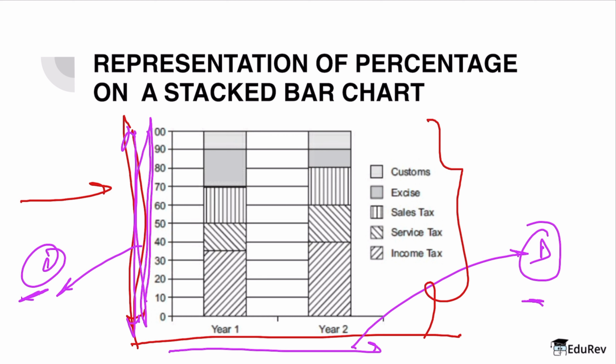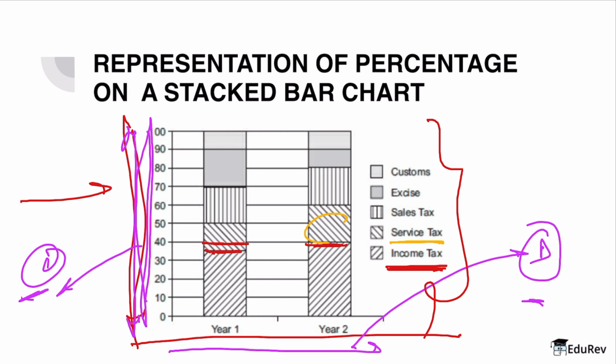Okay, now such a use of bar chart is quite convenient for comparing two or more sets of data, because suppose for this I say that okay, I have to compare income tax. So I can say that income tax here is higher for year 2 than for year 1. Similarly, if this is the baseline, then I can say that this is for your service tax.